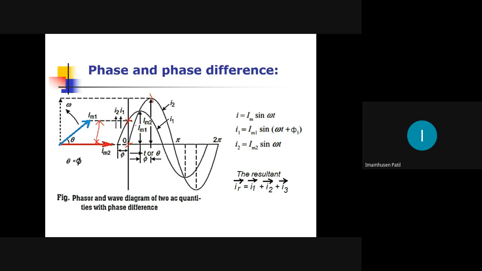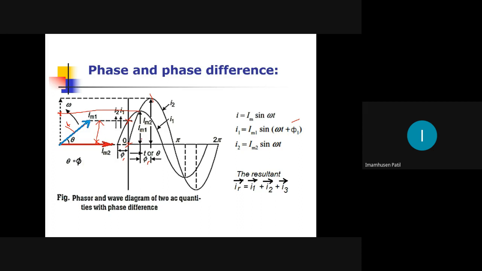But this waveform has started earlier, so only this much angle is required to reach the maximum, because this phi 1 is already there, some angle theta here, whatever it is, phi or phi 1.